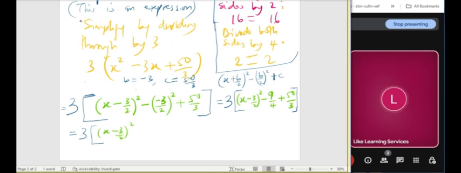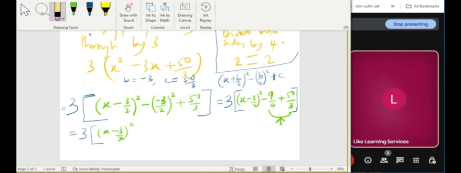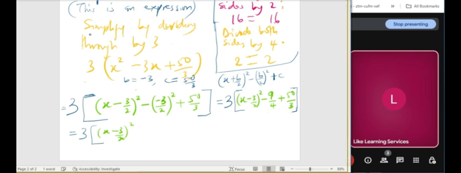What did you say you got? Is that plus? I got minus 227 over 12. How can it be minus? 50 over 3 is bigger than 9 over 4. Oh, I'm asking you to do only this place. Minus 9 over 4 plus 50 over 3.